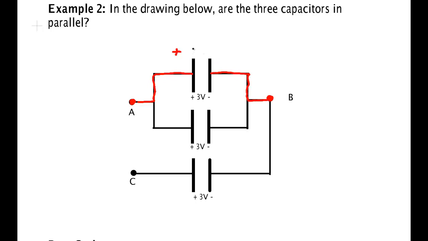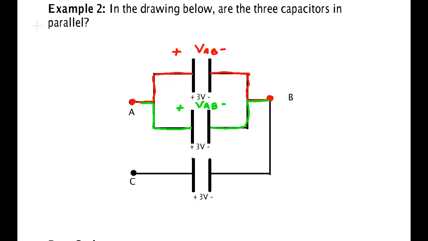So this is voltage VAB. That's the voltage across the top capacitor. Likewise, all these points are at point A, and all these points over here are point B. So in green, I see that the middle capacitor is also voltage VAB.